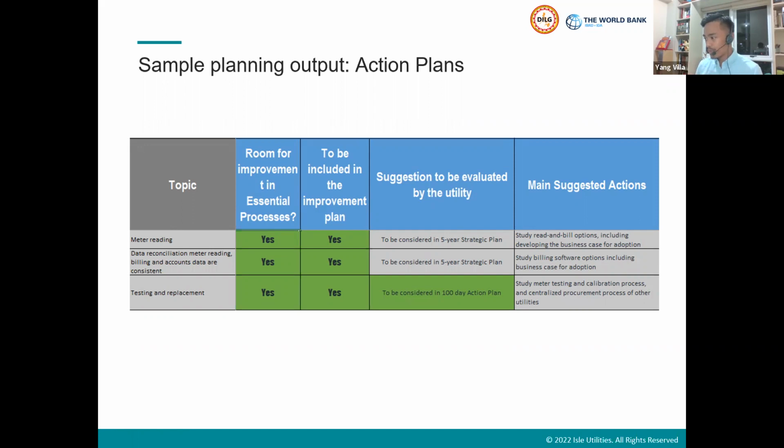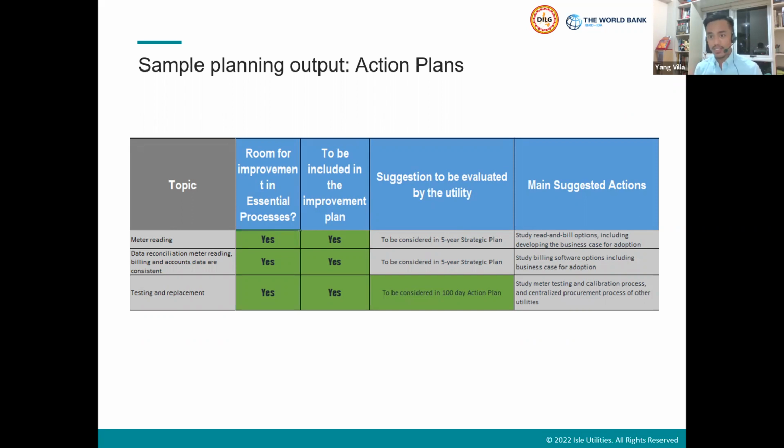In this example, we have identified on the very right-hand side the suggested actions for this utility. We have suggested to them that they should study their read and bill options, study billing software options, but we determined that these require more time and more effort in the utility, and this cannot be done in the next 100 days. And so we suggest this to be done in the 5-year plan.